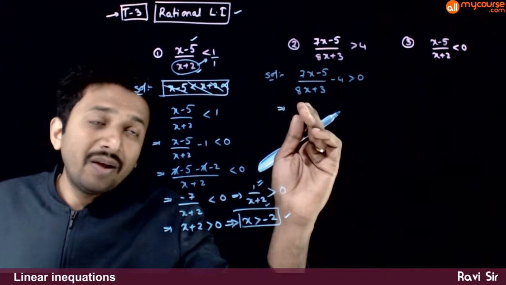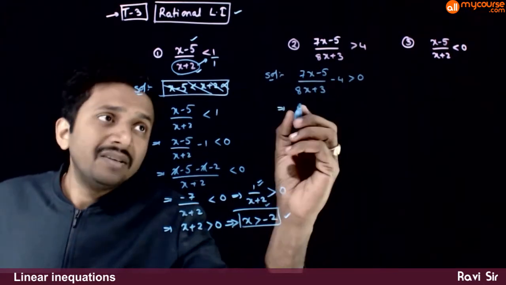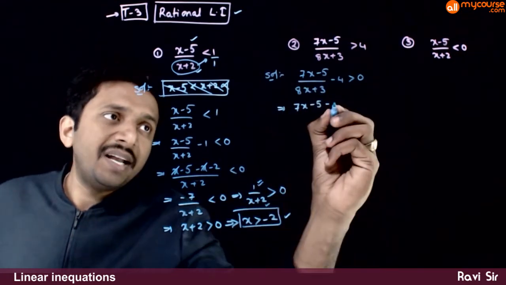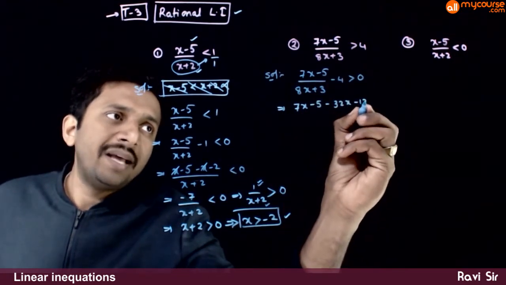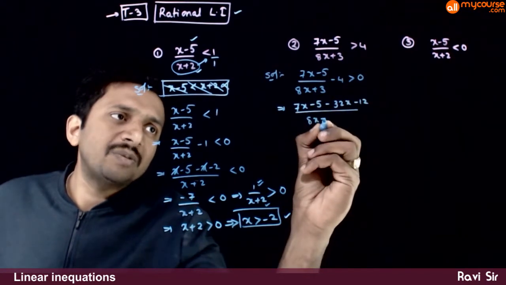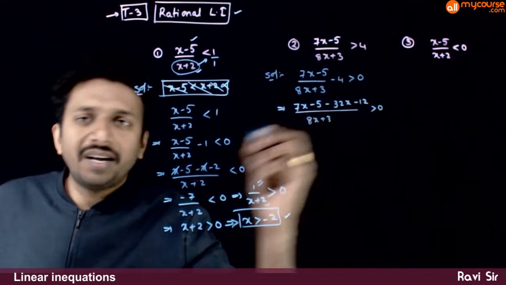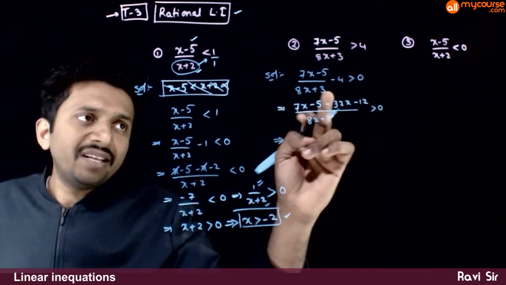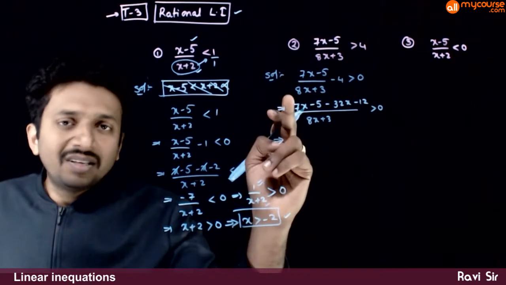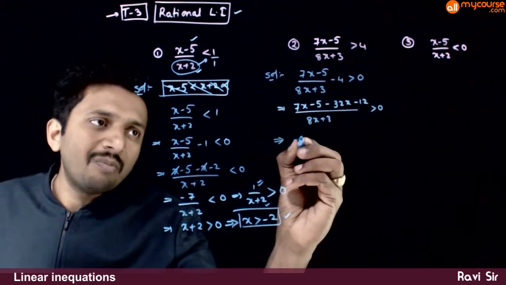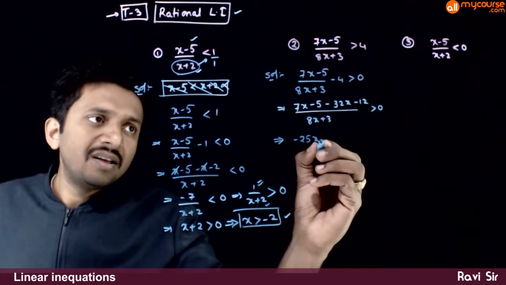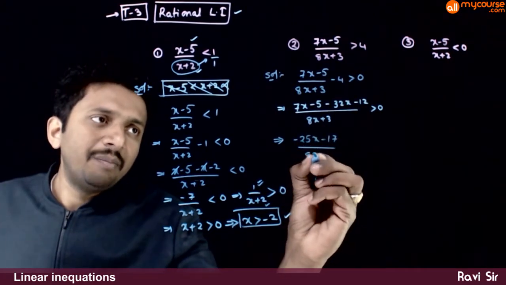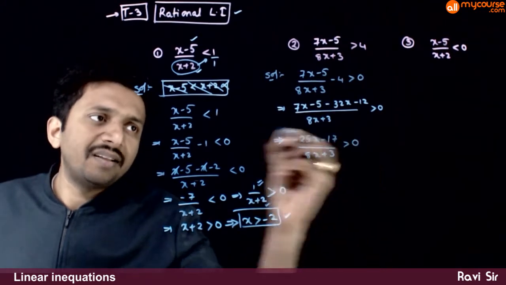So this implies, now I'll do the LCM. So 7x minus 5 minus 4 times 8x, which is 32x, minus 12 by 8x plus 3 is greater than 0. This implies 7x minus 32x is minus 25x, minus 5 minus 12 is minus 17, by 8x plus 3 is greater than 0.